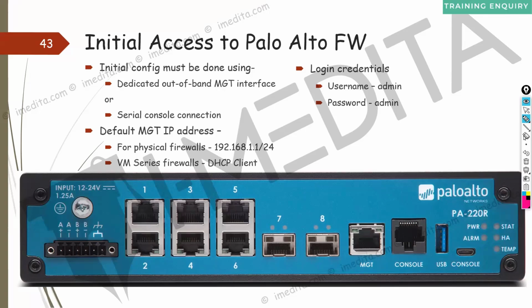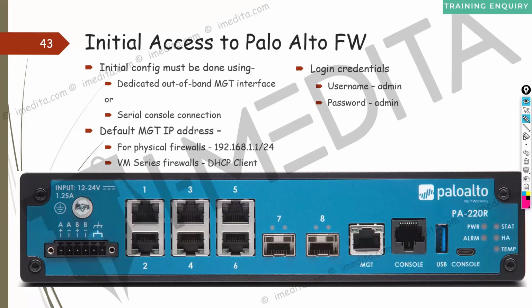Palo Alto provides a lot of features like User-ID, App-ID, Content-ID, et cetera. The Palo Alto firewall is a next generation firewall which provides sandbox inspection, as well as other features like decryption, which is not mentioned in this slide: decryption, App-ID, Content-ID, URL filtering, WildFire, User-ID, monitoring and reporting, which we discussed yesterday.